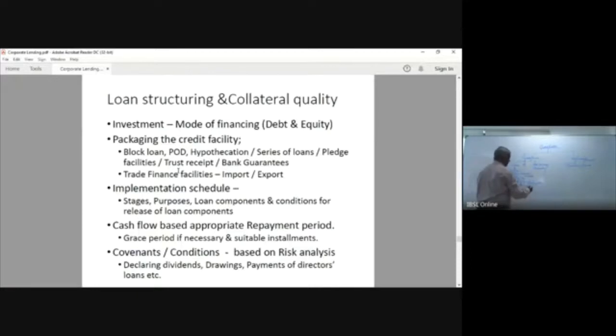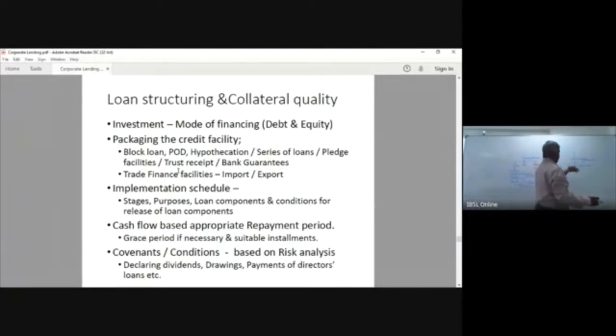Pre-shipment credit, post-shipment credit, there are so many facilities. Then bill purchase and discounting, cheque purchasing and discounting, then import bills purchasing and discounting. Even on the non-funded side, guarantee bonds, there are so many other credit facilities, and some of them I have mentioned here just for you to remember.